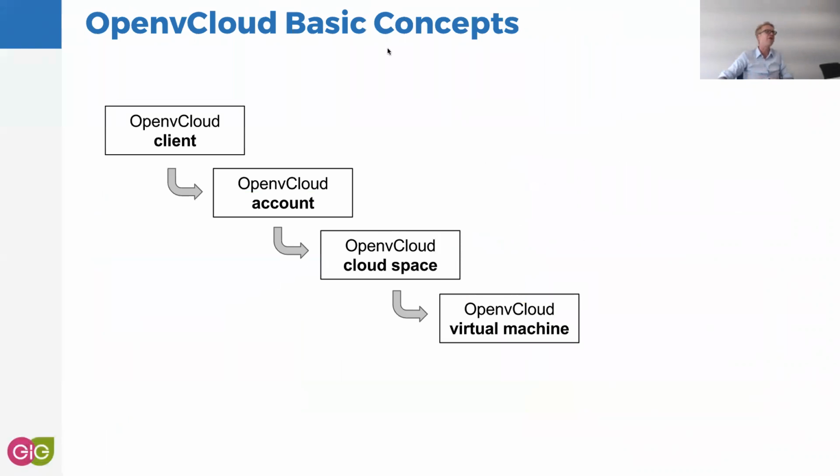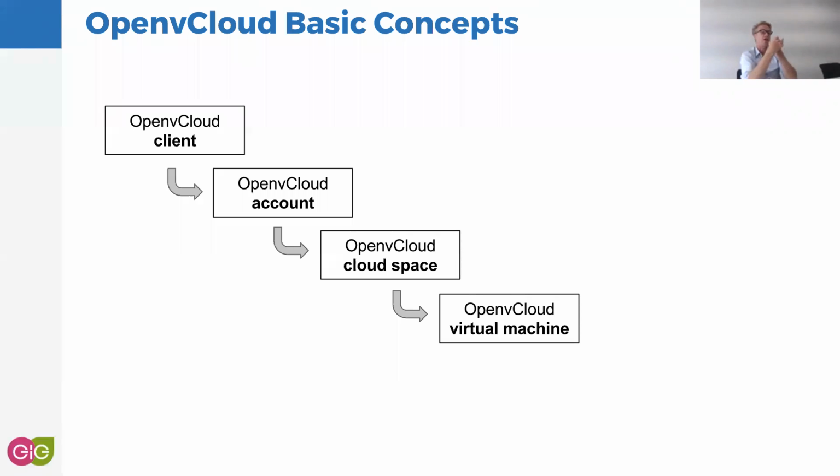You typically have a hierarchy. In order to get things done, you need a connection with the system. And that's what we call an Open vCloud client. So when you interact with the REST API, but it's not really a REST API, but the cloud API of Open vCloud, you will first of all create and have a client connection.